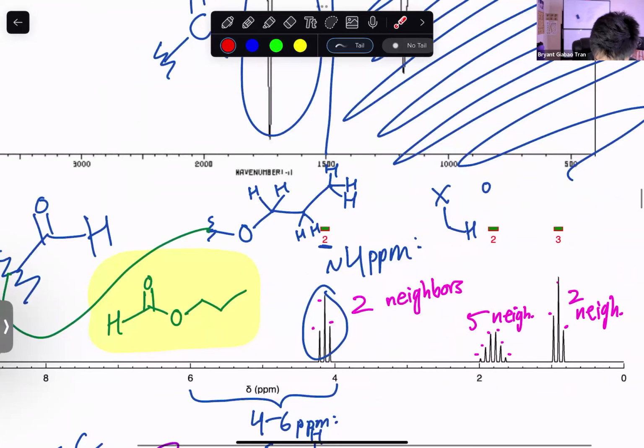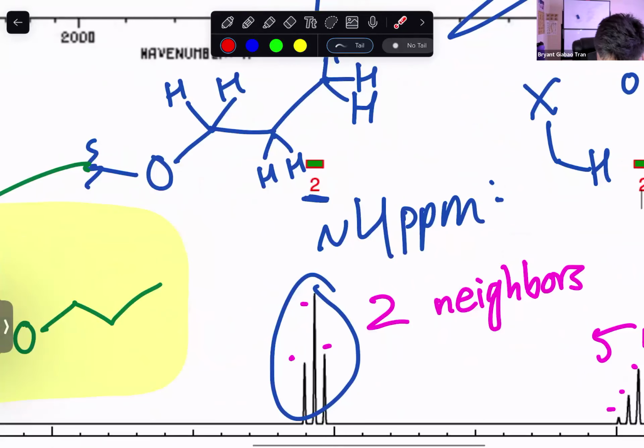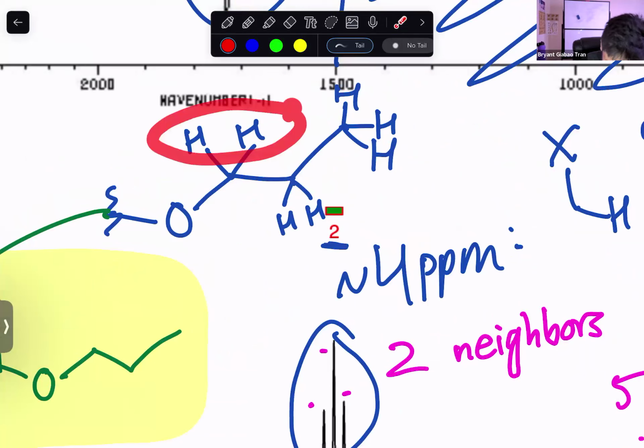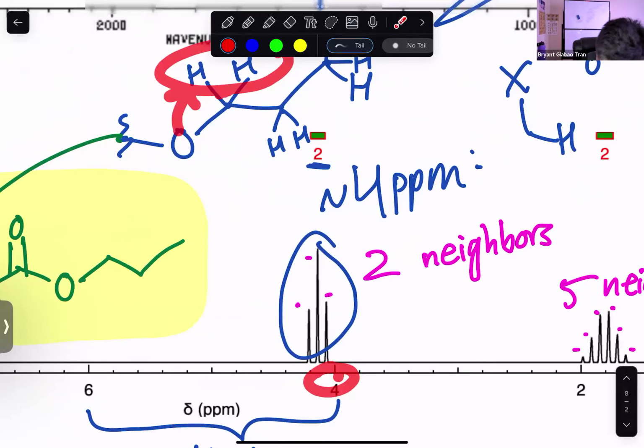And then throughout that process, I used the HNMR neighbors and integration to figure out the components of this piece right here. The most distinguishing feature about this is these two hydrogens right here that are very deshielded, because those two hydrogens are next to that electronegative atom, which is going to be between 3 to 4 here, right? The most deshielded ones.